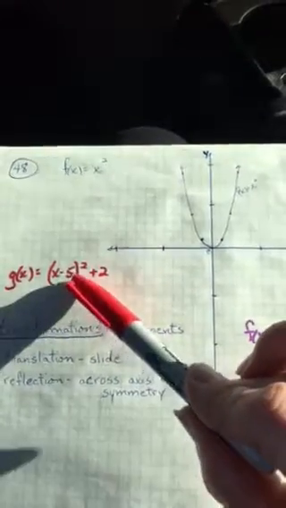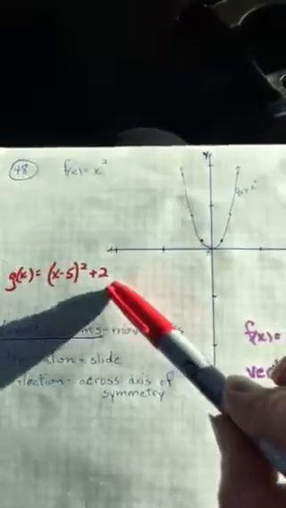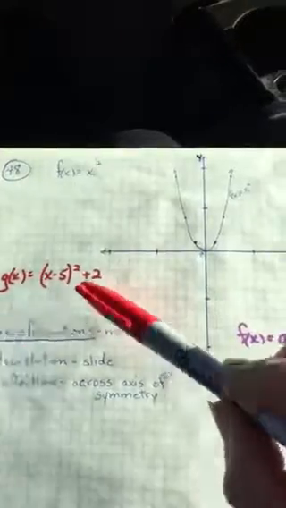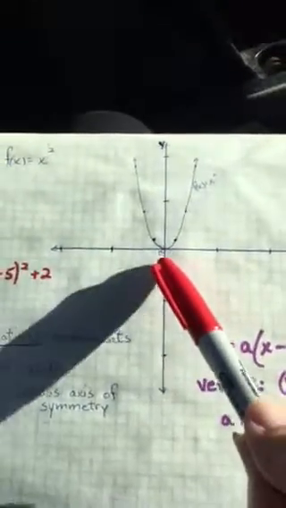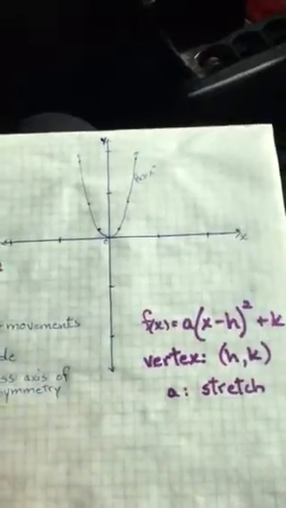And the vertex here will be at 5, 2. So a positive 5, 2. So we'll come over here, 5, 2. And the new vertex, let's see if I can write this without it wobbling all over the place. The new vertex will be here, okay? And then you're going to open up with the same amount of expansion right here.